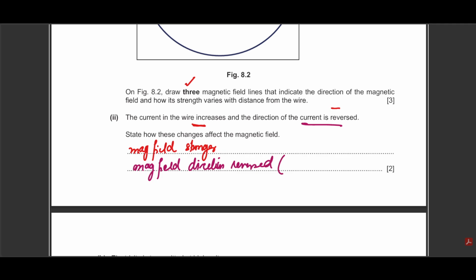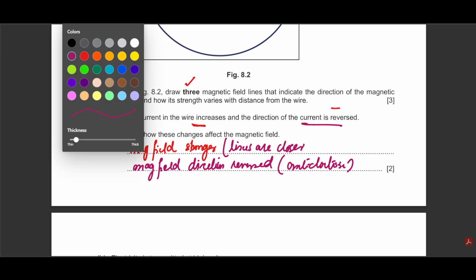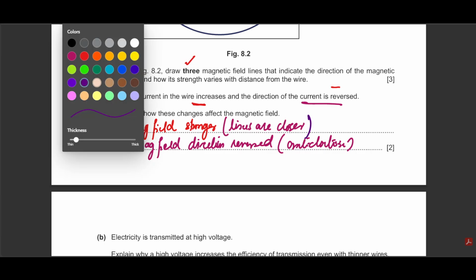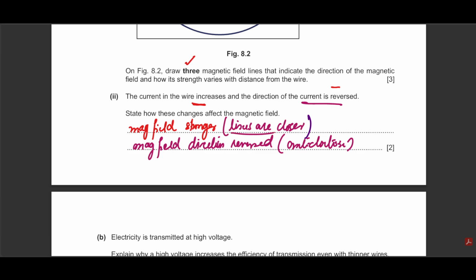And if I might add, a better answer would be that they will now be anti-clockwise and stronger. You would write down that the lines are drawn closer to each other as a representation. But again, since it's not in the marking scheme, I'm not emphasizing that answer, but I would expect this in an answer from a person who is aiming for an A star or distinction.